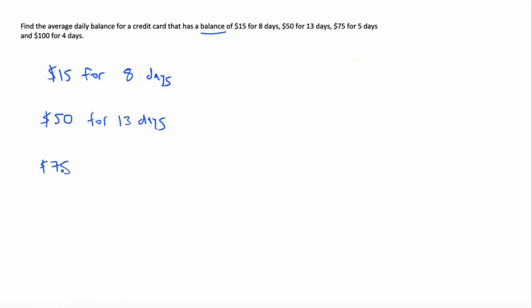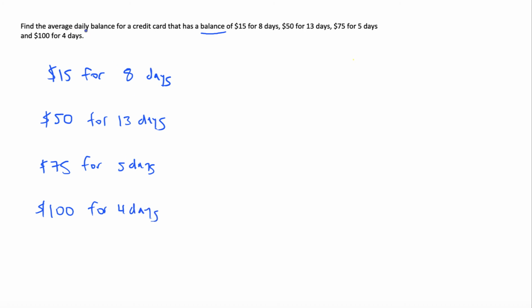You swipe it for $25, so the balance goes up to $75. And then the very last transaction here, the balance goes up to $100. Maybe you went to the movie theater, you swiped your card for $25, so then your balance goes up.